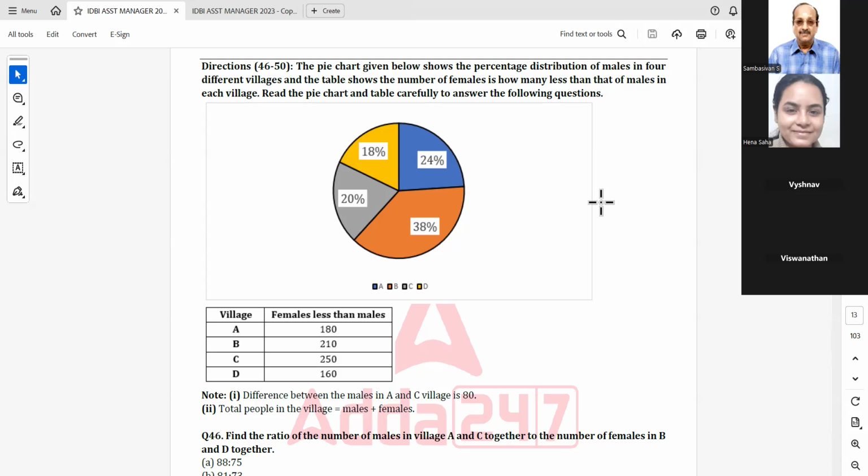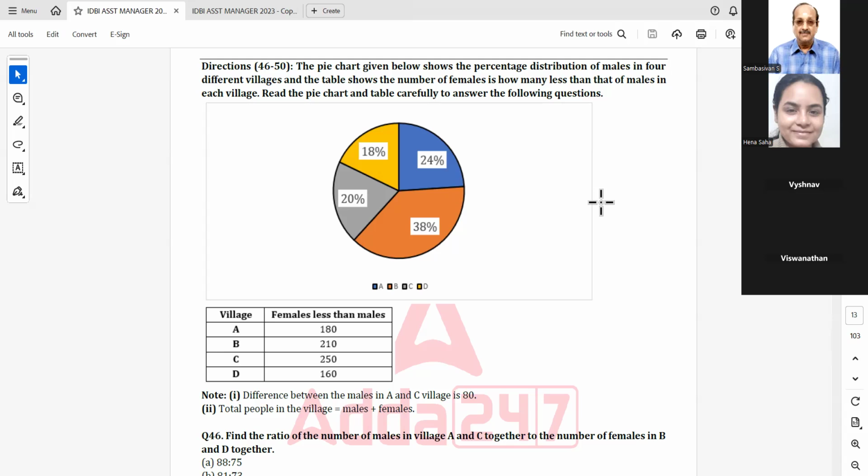That is, 4% is equal to 80. So 100% is equal to what? Multiply by 25, so 2000. So the total number of males is 2000.